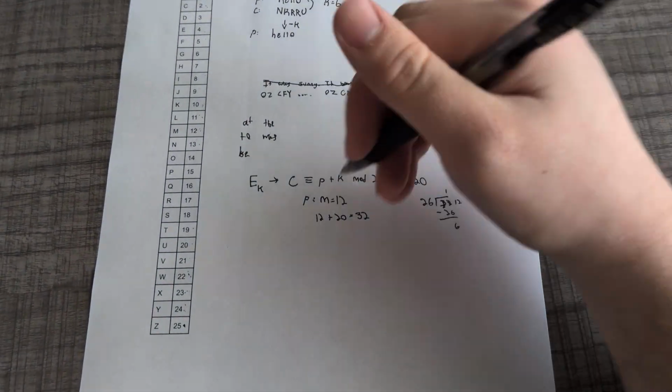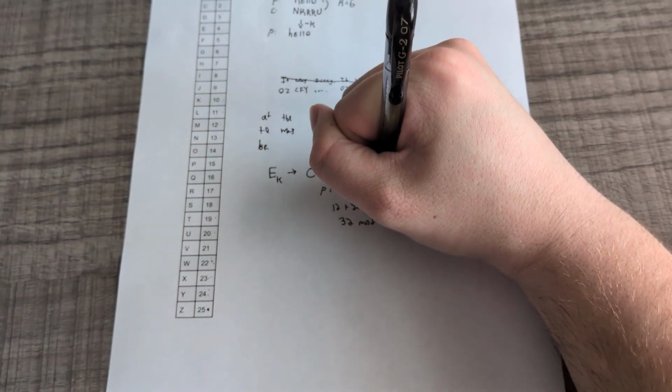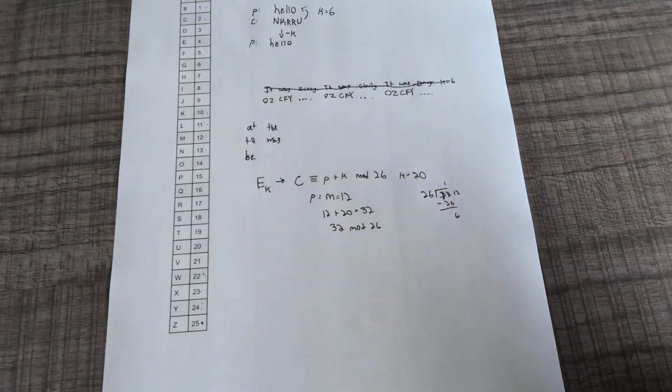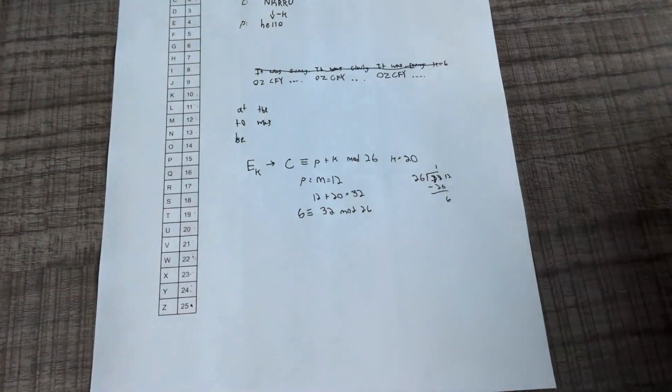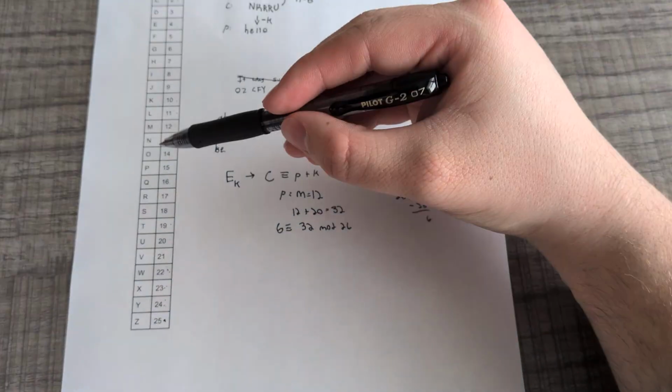So 32 mod 26 is congruent, basically equal, to 6.